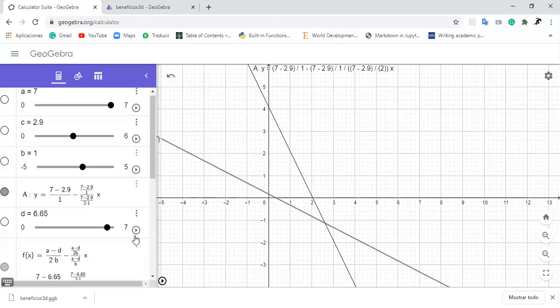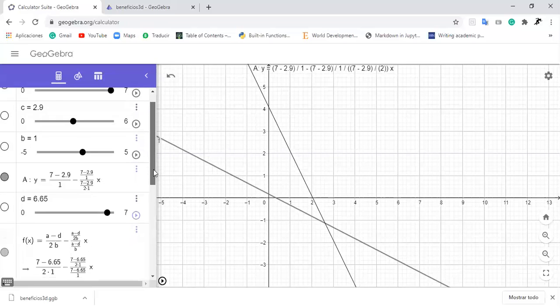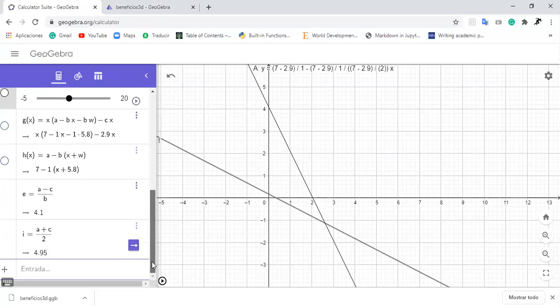And when is this going to happen? Well, we have now this expression, A plus C divided by 2, which is 4.95 in this case.